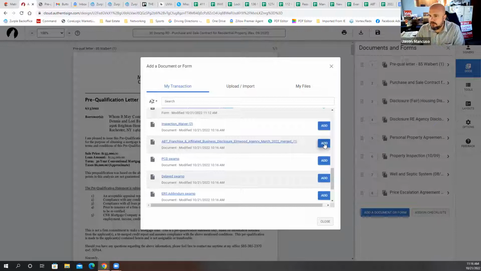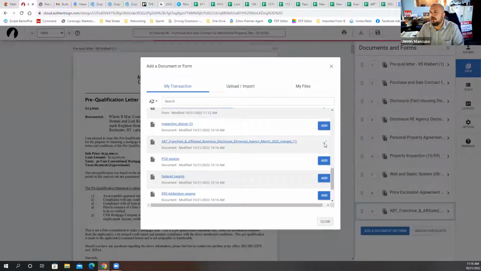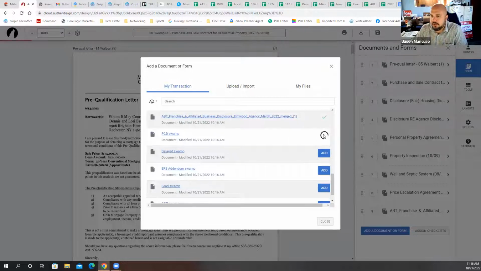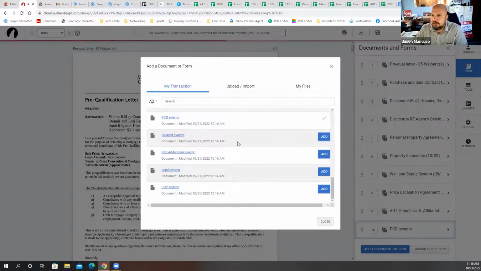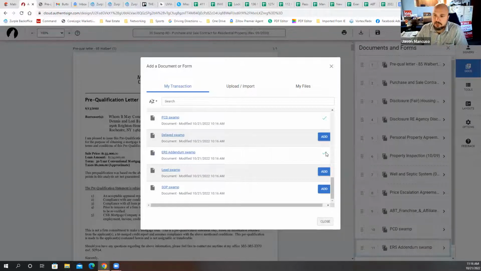We need this franchise and affiliated business form that I'll show you. We need the PCD. We need the addendum from the listing agreement, which is essentially sort of like a PCD additionally. And we need the lead addendum. We don't need to have, for our buyer contracts to turn in, we don't need to have the SOP.